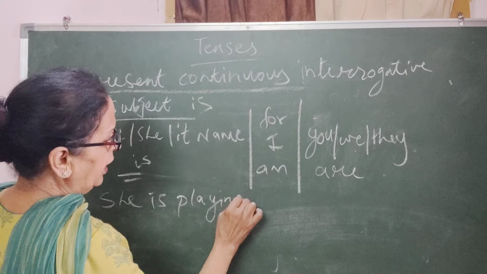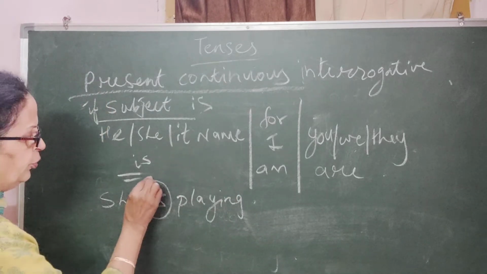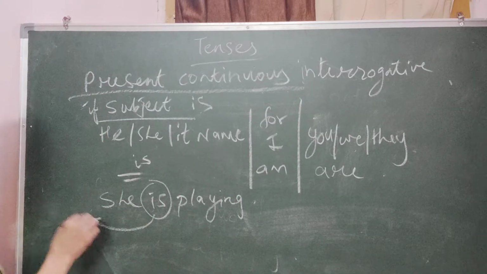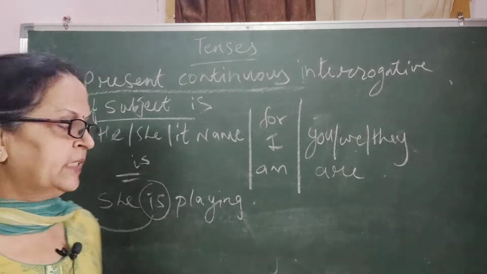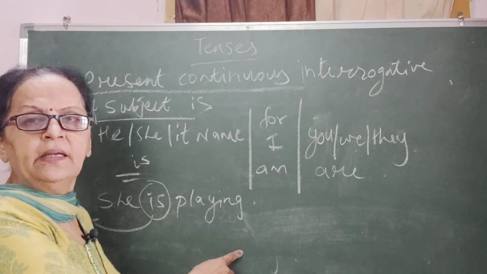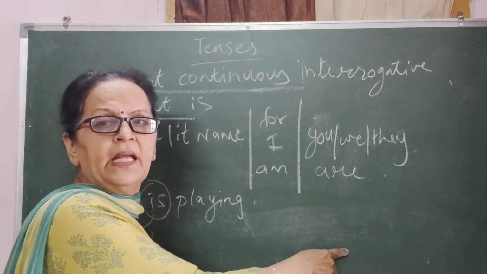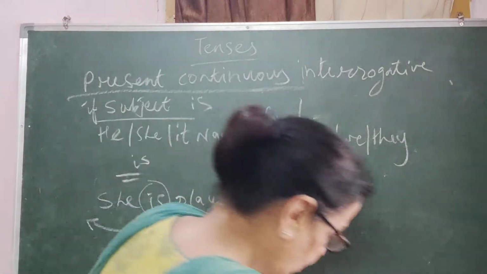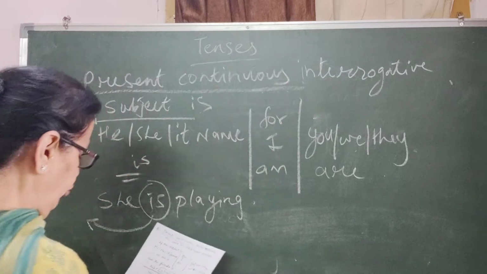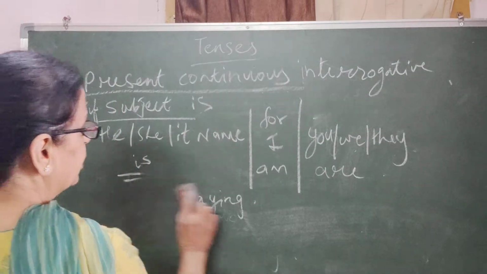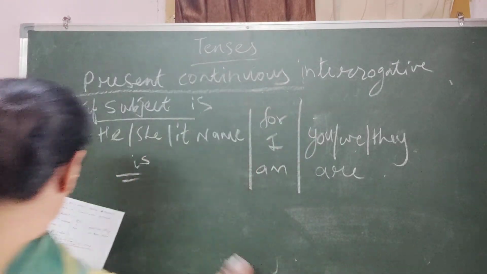But in interrogative, what am I going to do? My verb will come first before the subject. Is she playing? Am I playing? Are you playing? So I hope you have got down the interrogative rule also. So what is the formula for this?